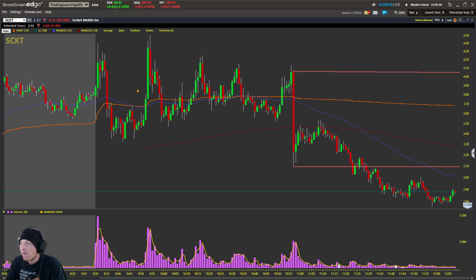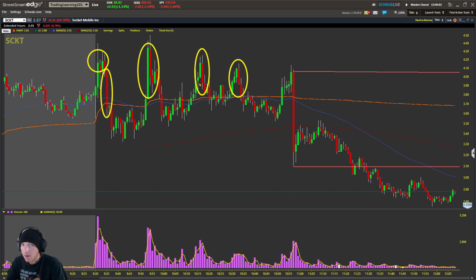But look at every single time this tried to break out, it immediately got met with a big red death candle. It had a big surge candle right here and immediately got met with a big red candle. From 4.40 it slams down to the 3.70s. It grinds up right here, met with a big red candle. Grinds up right here, met with a big red candle. Just about every red candle is bigger than the green candle.